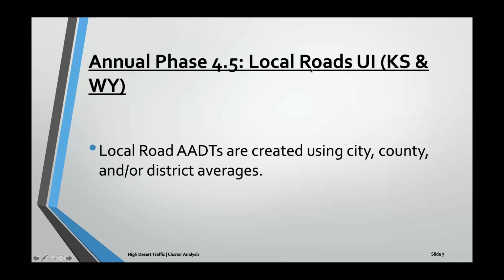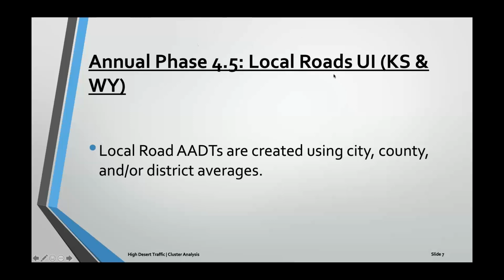The local roads user interface, which I think I showed briefly last year, but not very long, was originally written for Kansas to deal with requests where every paved road has to have an ADT. How do you come up with a number based on some documented process?